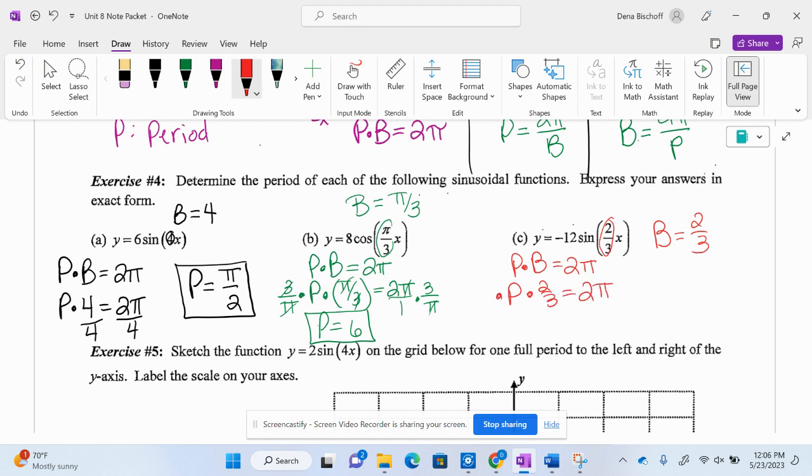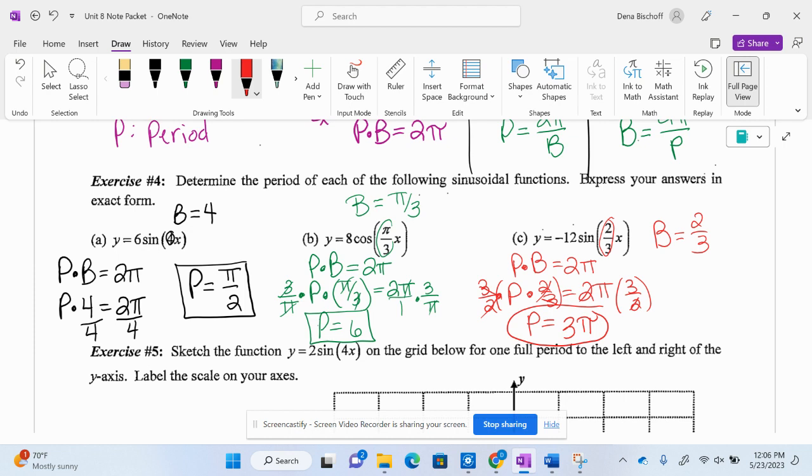I need to get rid of that fraction, so I'm going to multiply both sides by the coefficient reciprocal, 3/2, right? So P equals what? The 2's cancel out, but the 3 and the pi stay. You see that? So P equals 3 pi. We're just doing some basic algebra.